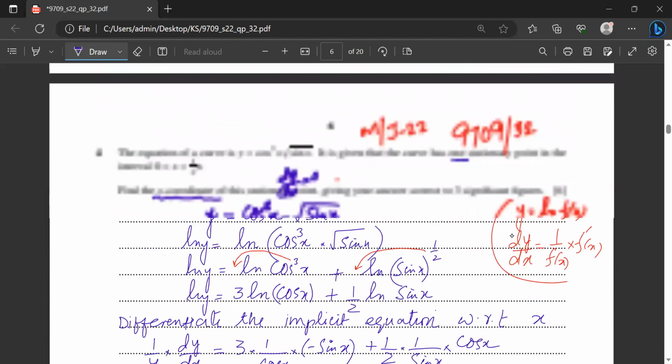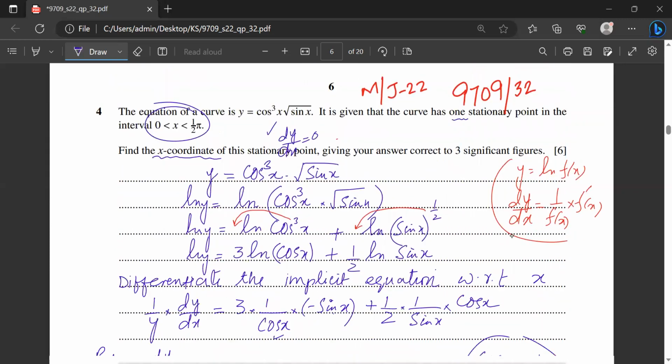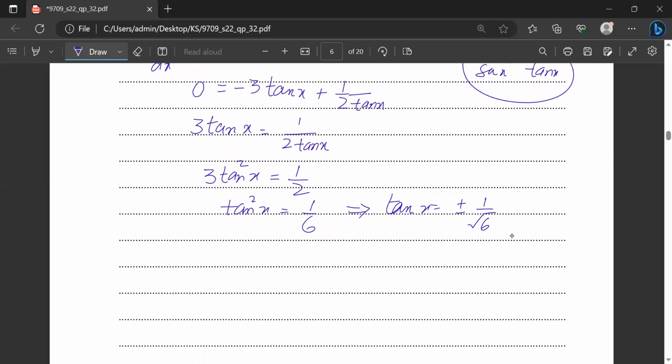As we are looking for values of x from 0 to pi over 2, which means the first quadrant, we take tan of x equals 1 over root 6, since tan of x is positive in the first quadrant.